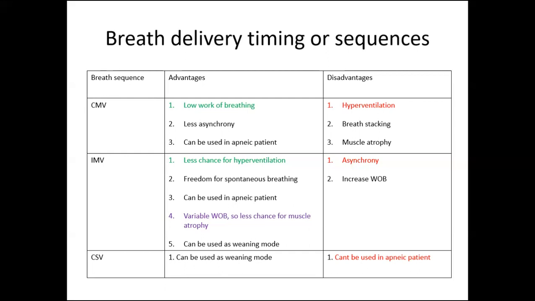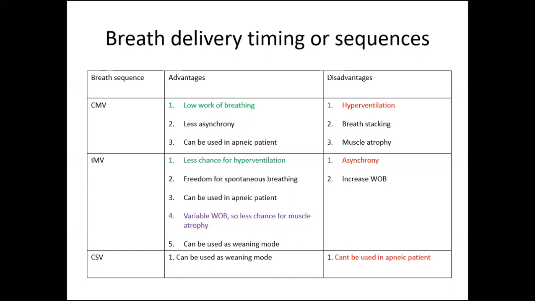Beyond that rate, if the patient triggers, he'll get the full assistance from the ventilator, the same as the 30 breaths. If you set 30 breaths, all 30 breaths will get pressure control. Even if the patient breathes extra, he'll get the same pressure control support. He will not get less support. So that's why assist control ventilation, which was previously called continuous mandatory ventilation, has had its term changed to assist control ventilation.